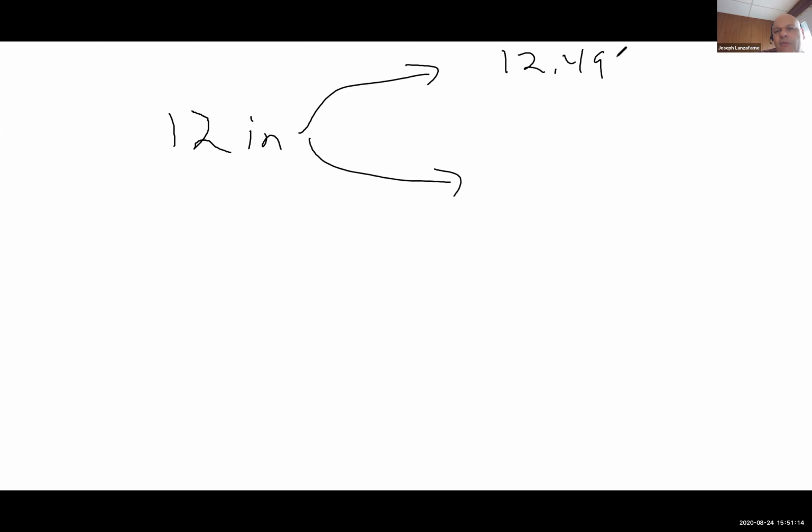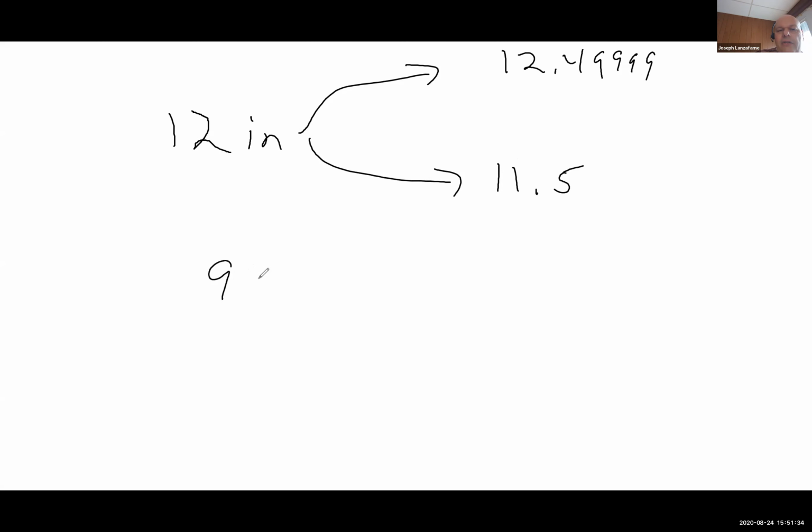I mean, really 12.4999, because if it was 12 and a half, I'd round it up. And somewhere between 11 and a half and 12 and a half, because a measured number is not an exact number. It's a range of values around that depending on my degree of accuracy.